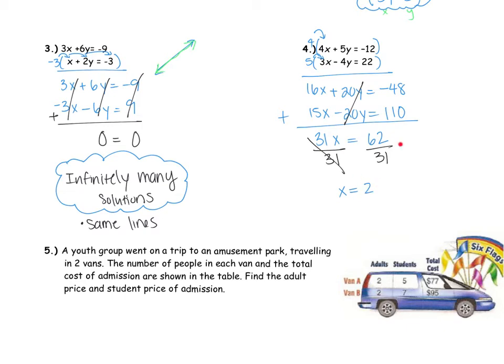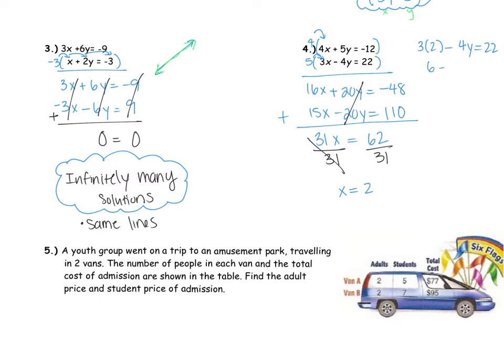I need to grab y. So I'm going to plug it in maybe to the first equation. Or let's try the second equation. Let's be a little different this time. Like I said, it doesn't matter. So if I choose the second equation, I have 3 times 2 minus 4y equals 22. So I'm plugging this 2 in for x, and that's why I have 3 times 2, and I'm solving for y.